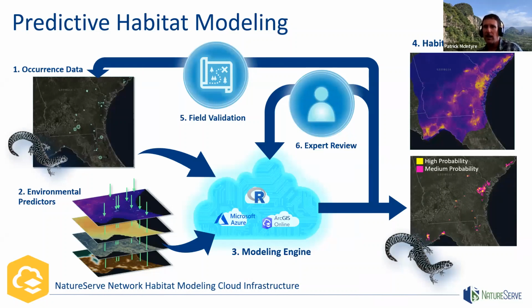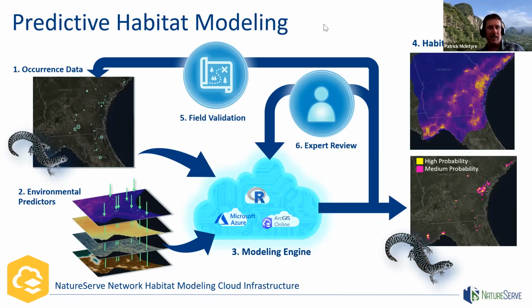I want to talk about another major initiative that NatureServe has been involved in over the last about 8 years now, which is a major effort in what we call predictive habitat modeling. You might also know it as species distribution modeling, environmental niche modeling. There's been a lot of names over the years for it.